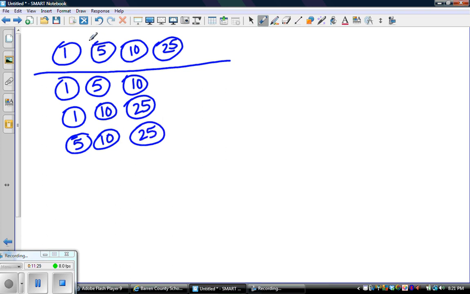Let's see, so that puts all 3 of those together. And we've got one more. Let's take the dime. We've already had the dime with the nickel and penny. We've had the dime with penny and the quarter, but what about the dime with the nickel and the quarter?